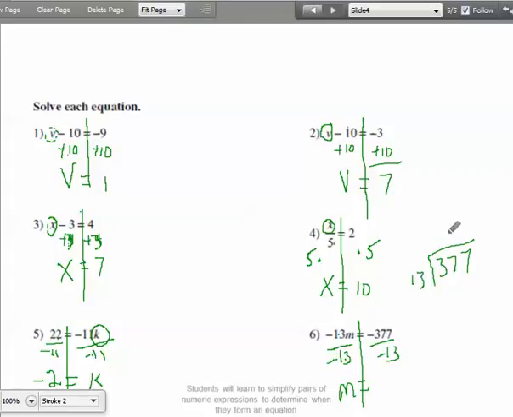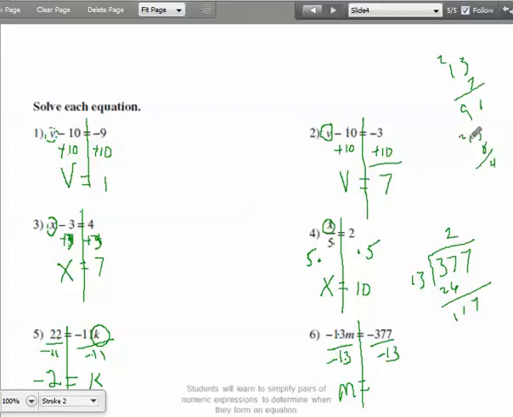Let's see here. 3 times 3 is 39. Can't do 3, so it's going to be 2. 26. That's going to give me 117. Let's see here. 13 times 7 is 21. Carry your 2. 70. 91. It's not going to be 7. 13 times 8 is 4.